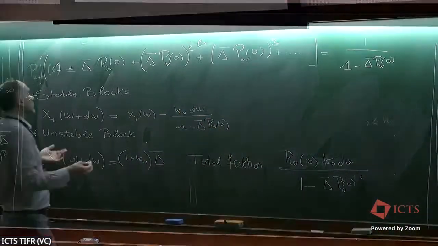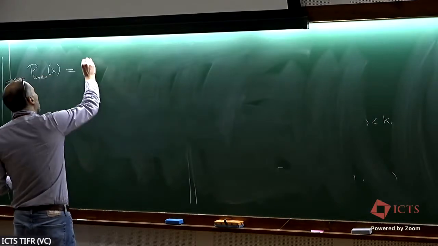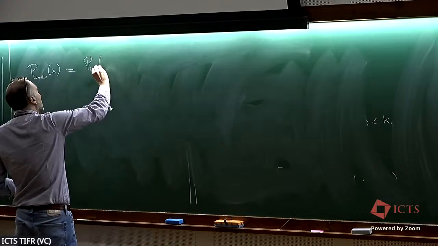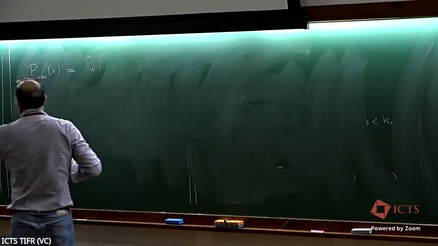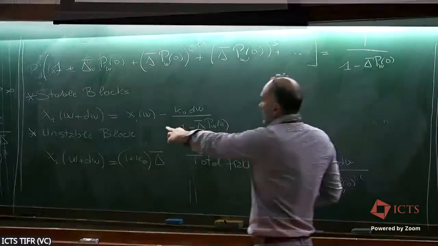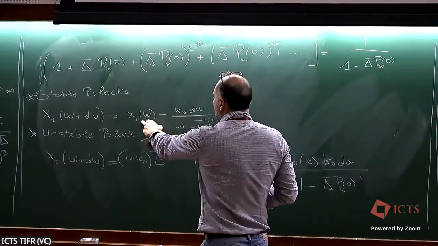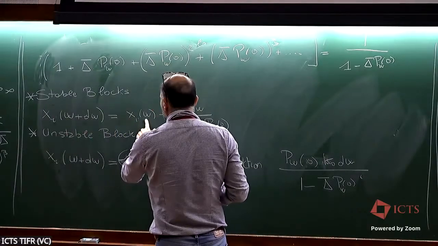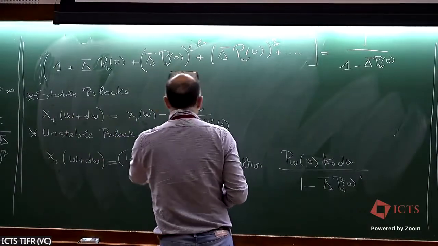We said there are two things that can go on. Either it is the same distribution at W, just that you have to shift x(W) into x(W) minus this, and this is x. So it means x(W) is x plus this.